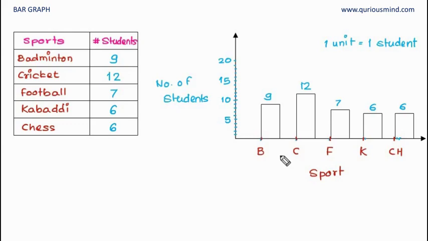Some salient features or some important features of this are the bars have equal width. This is important and we have to maintain equal width of the bars. The two consecutive bars also should be equally spaced.